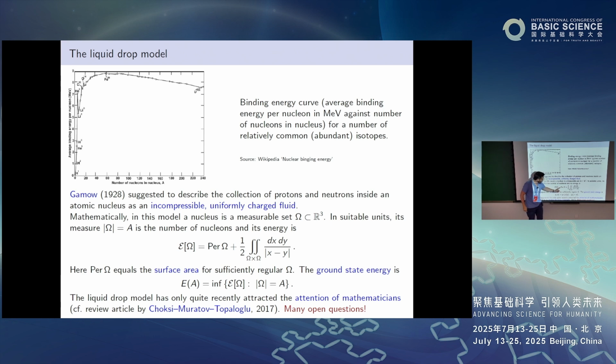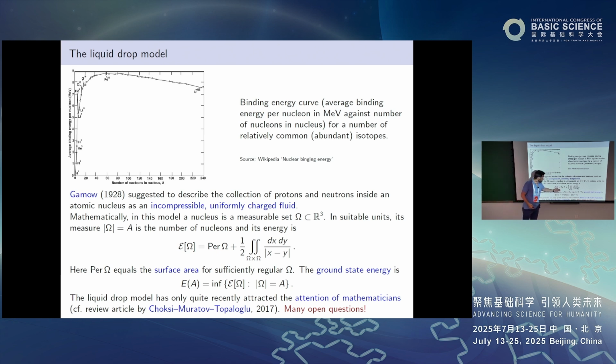Again, there would be constants here in front that I've all scaled to 1 to make the problem look nice. But when you really want to look at such graphs, you have to introduce, of course, all these units. Anyway, so that's the energy functional, and then the ground state energy. So what should decide the shape of the nucleus?